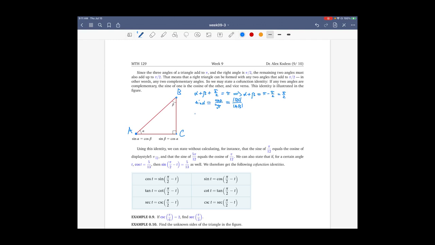And likewise, cosine alpha is the adjacent leg over the hypotenuse. The leg adjacent to alpha is AC, hypotenuse is AB.